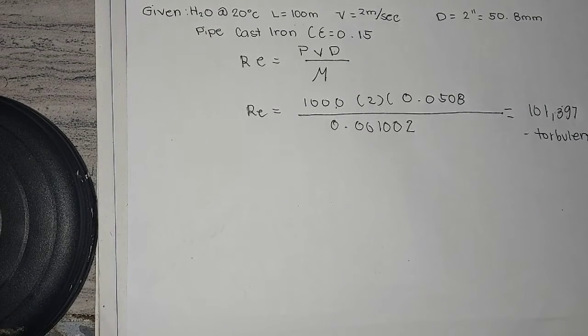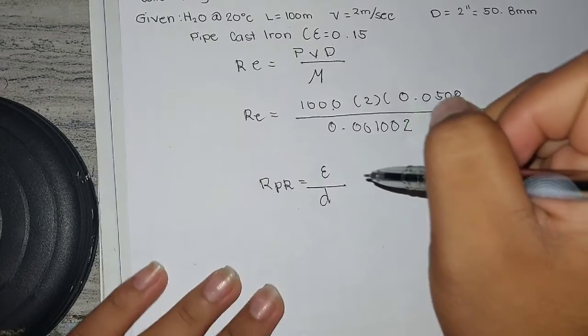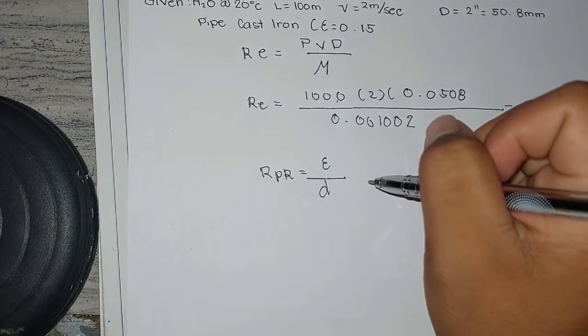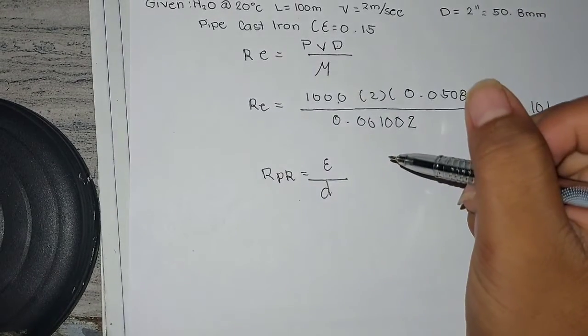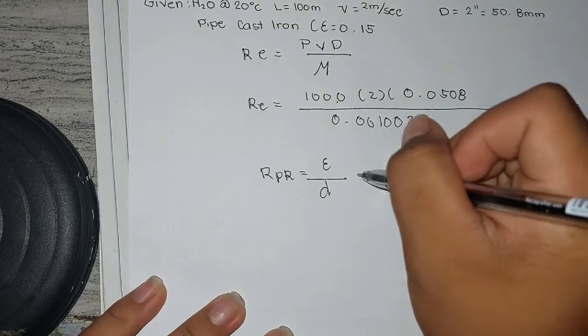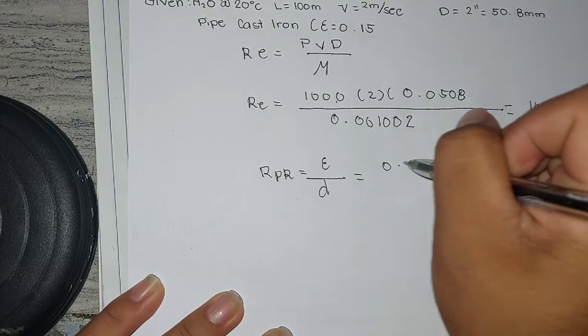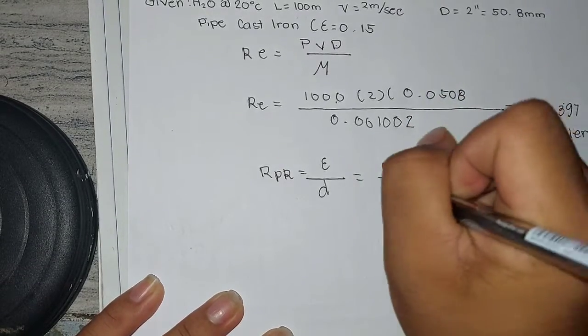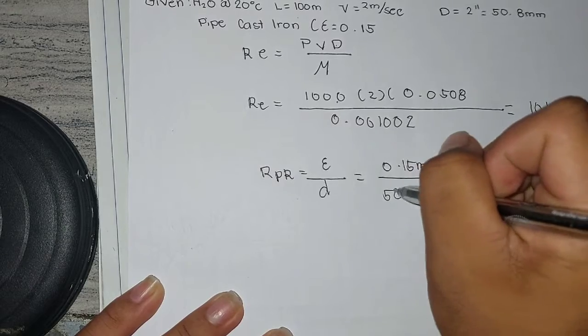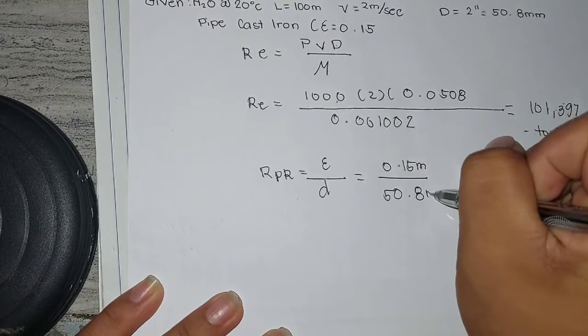So that will be in millimeters. We have 0.15 millimeters over 50.8 millimeters.